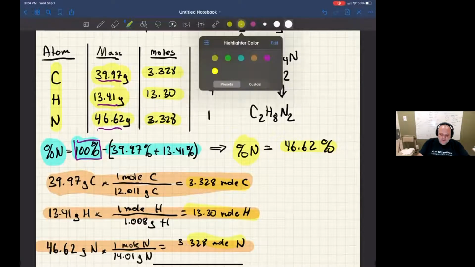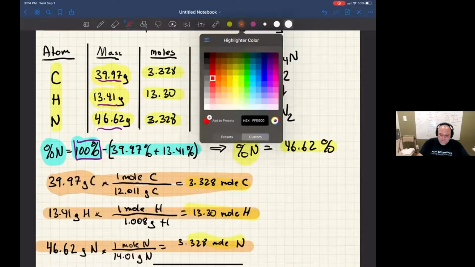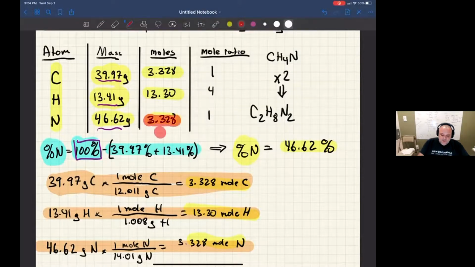Now, what I need to do is figure out the lowest whole number ratio of those numbers of moles. So in order to do that, I pick the smallest value and divide each number by that.